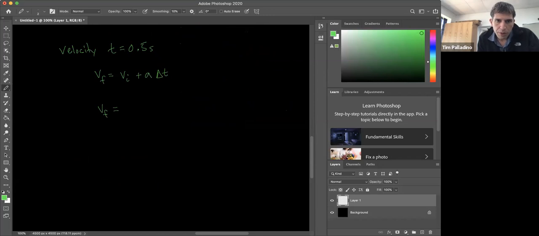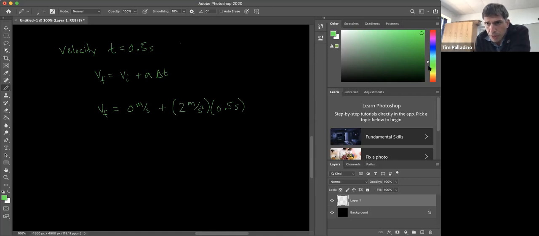Our initial velocity, the starting velocity, is 0 meters per second. Now we add the acceleration, which is 2 meters per second squared, in parentheses. And the change in time, how much the time has increased from 0 seconds to 0.5 seconds, is just 0.5 seconds.